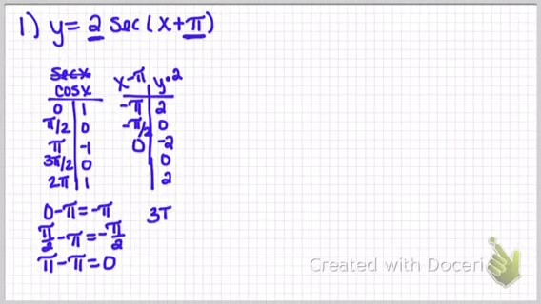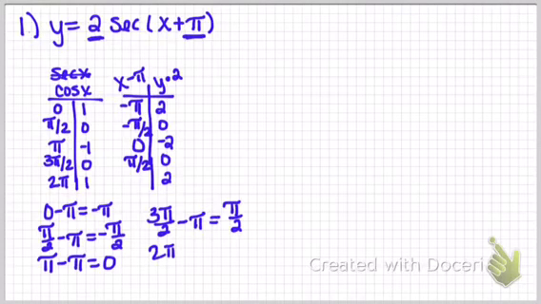We had 3 pi over 2 minus pi. Again, 3 divided by 2 minus 1. It's going to show you positive 1/2, so put pi back on top. So pi over 2. Some of y'all already see how it's increasing the increment, so you're able to go ahead and finish it out, but if not, we'll do it this way. So we got 2 pi minus pi, which is pi.